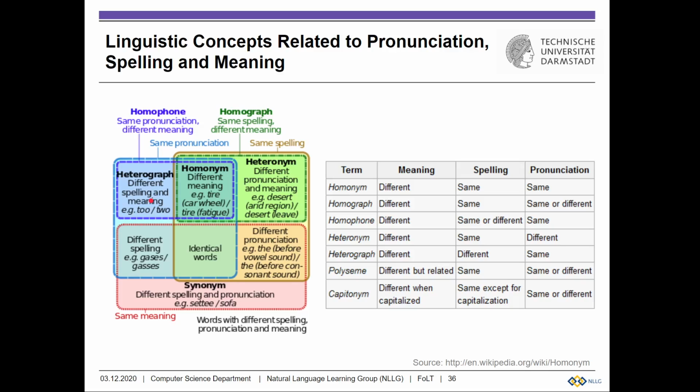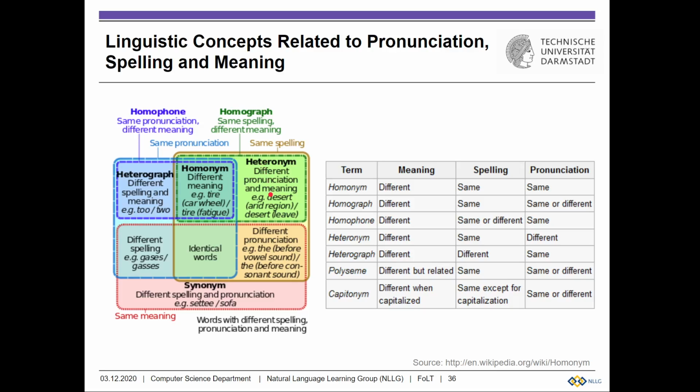And where would we be for heteronym? We would be on the level of the same spelling. So now where's spelling here? So here's the same spelling. So here's the heteronym, right? We have the same spelling.